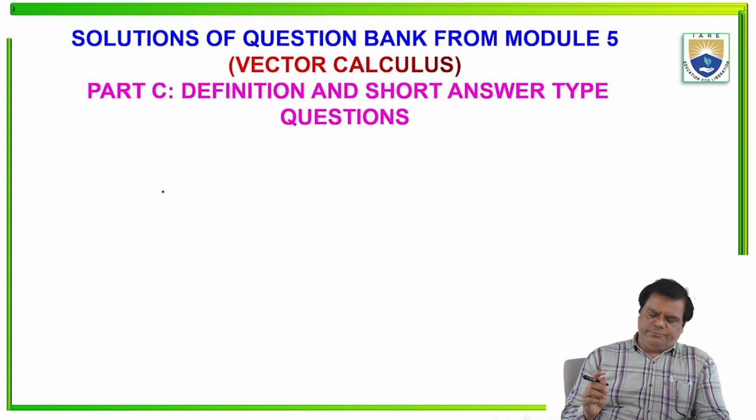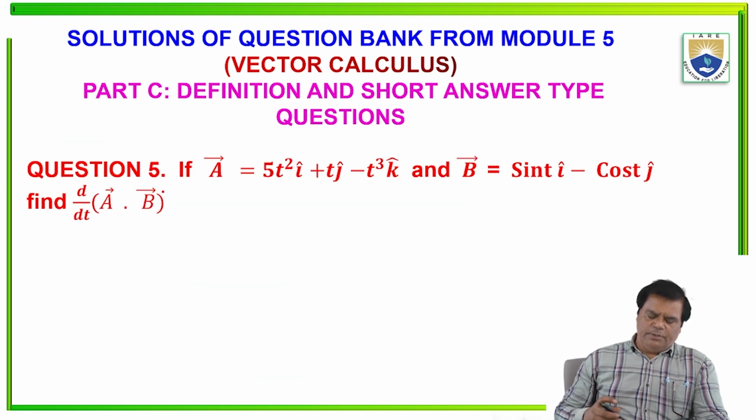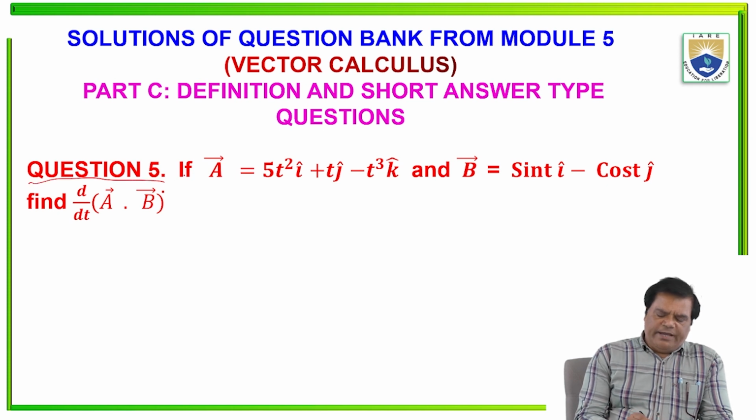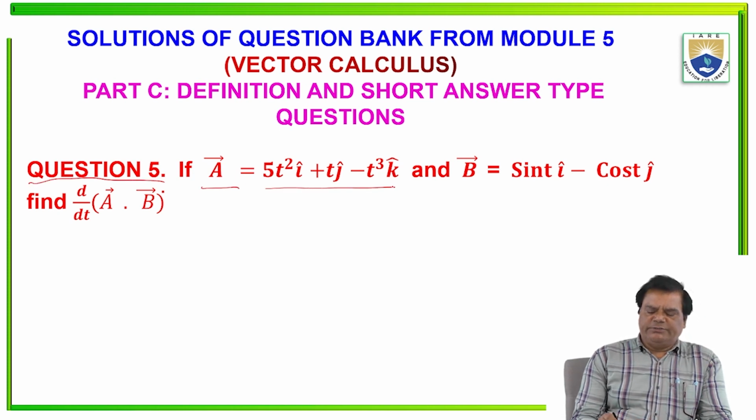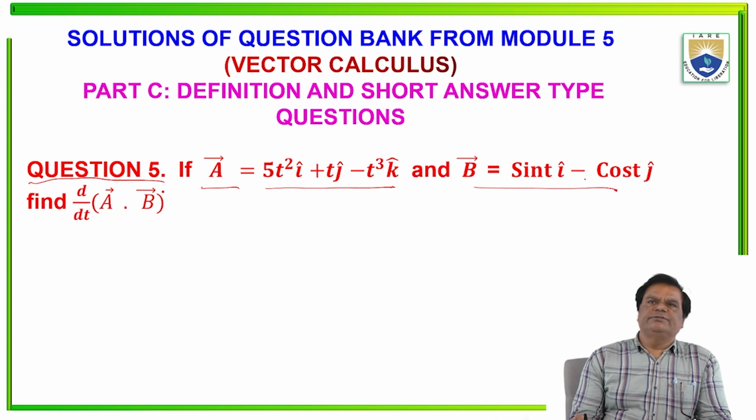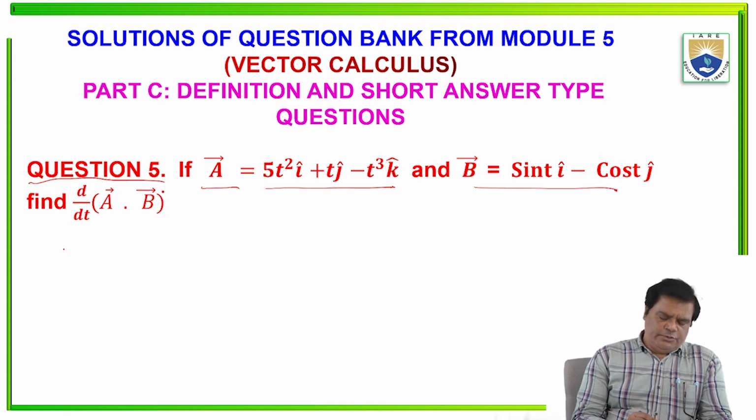Next problem is question 5. If A vector is this and B is this, then find this. Solution.